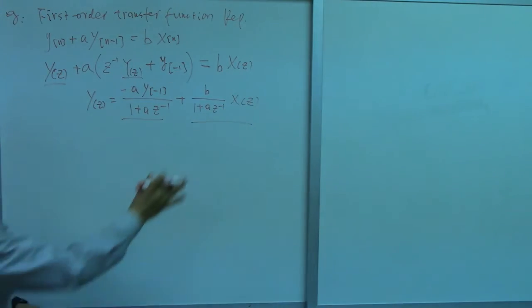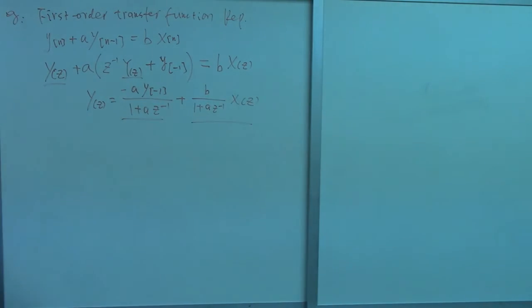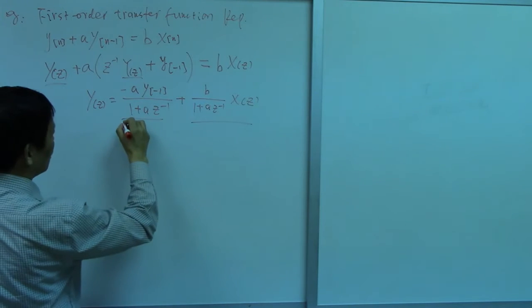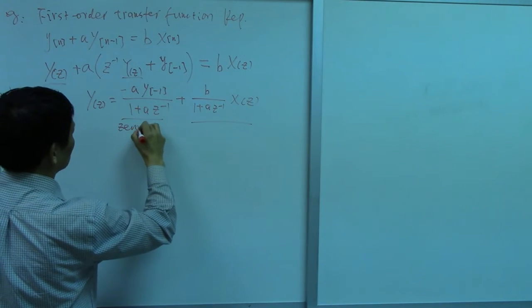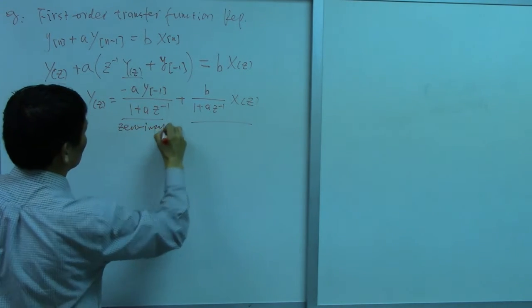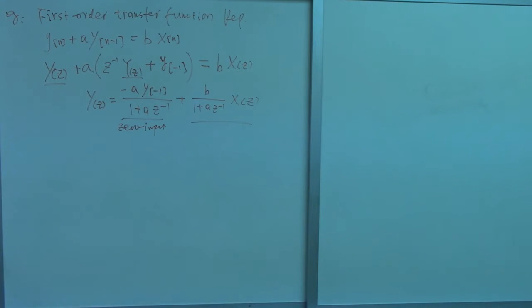If the input equals 0, this is gone, then we have this one. So this is called the zero input response. It means when the input equals 0, the output of the system is totally due to the initial condition. Okay?